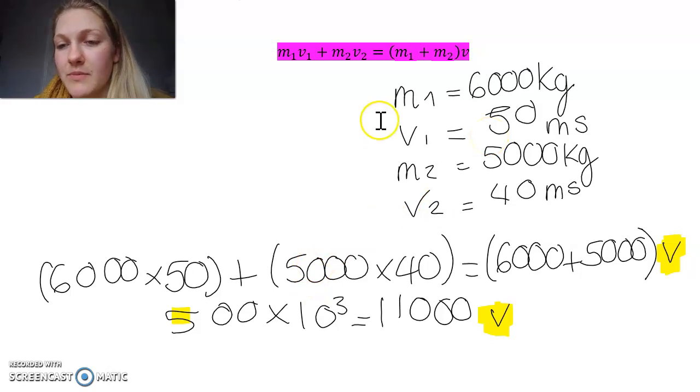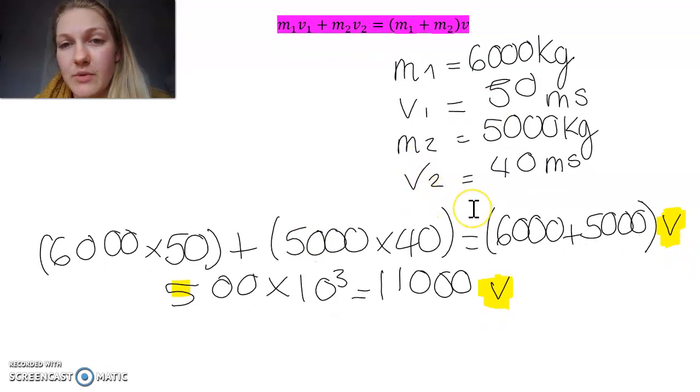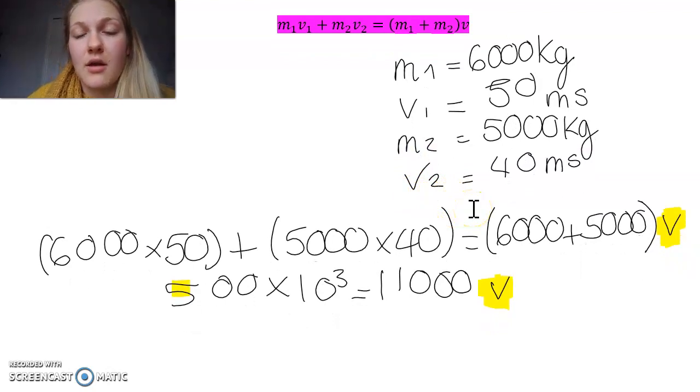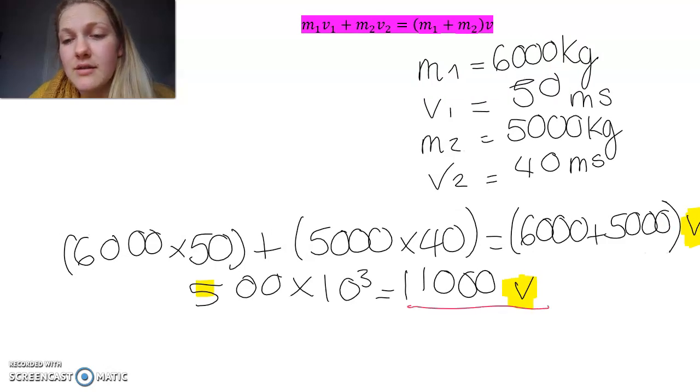So the way we're going to get that by itself is, remember, if you want to transpose anything by moving it across, an easy way to remember is we can simply divide that side by the thing that we want to get rid of. So in this case, we want V on this side of the equal sign. So I'm going to divide by the value that I don't need on this side, but we've also got to do that to the other side of the equal sign. So we're going to divide this side also by 11,000.